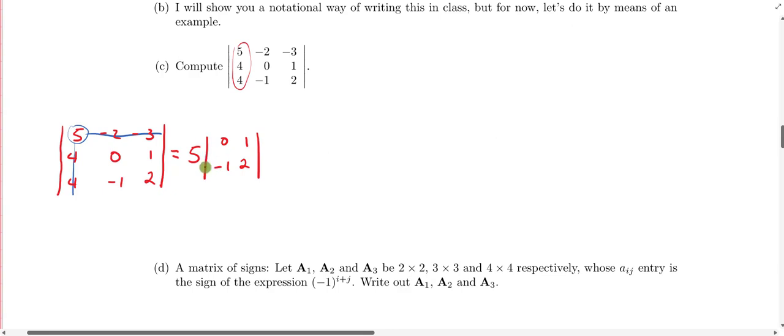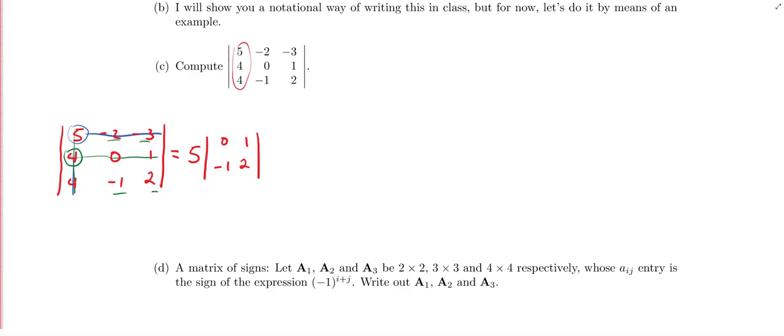Okay. Then, since I'm expanding down this column, I'm going to go to this next entry, block out its column and its row, and notice that I'm left with 4 entries that aren't blocked off, and I'm going to compute the determinant of that remaining 2x2 matrix.